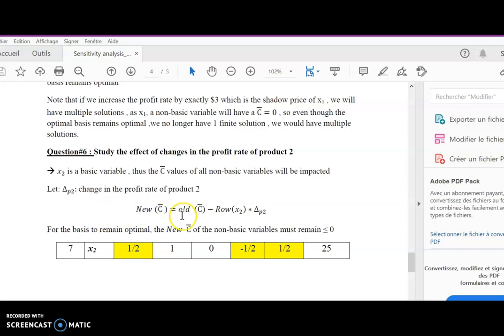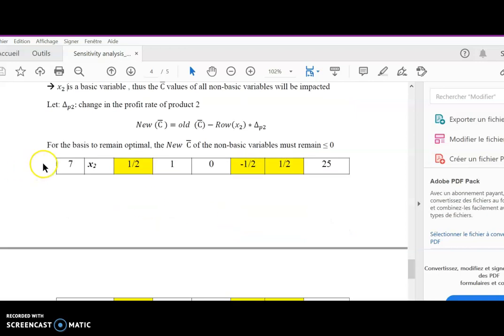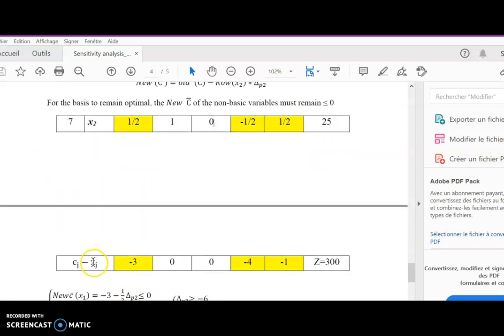It's equal to the old c-bar value minus the row of the variable multiplied by the change, which we called delta P2, because we're talking about the change in the coefficient of x2. Okay, so this is the row of x2 in the optimal tableau, and this is the c-bar row.